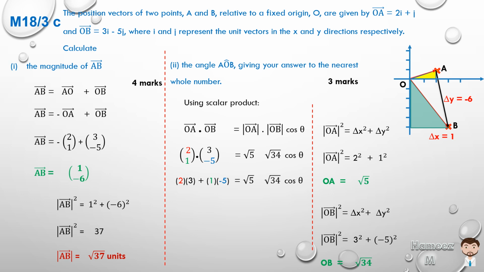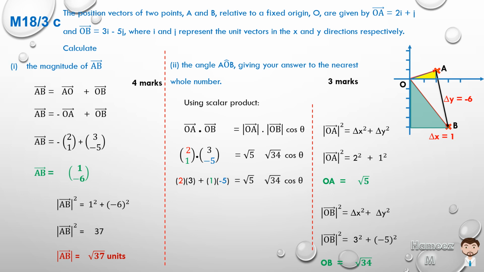We're using the colors so students can easily identify what's happening. Plus the green term, which is the second term in A, by the second term in B, the blue term, so 1 times minus 5. So 2 3s are 6, plus 1 times minus 5 is minus 5. 6 minus 5 is 1. So 1 is equal to the square root of 5 times the square root of 34 cos theta.